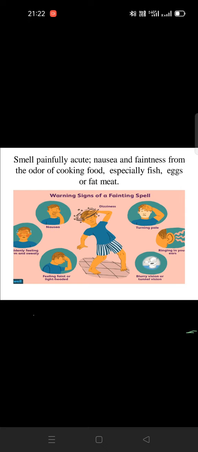And again, we can correlate with Materia Medica, especially some related medicines like Arsenic Album, Muriatic Acid and Sepia. These three medicines are also having aversion to smell or cooking food.